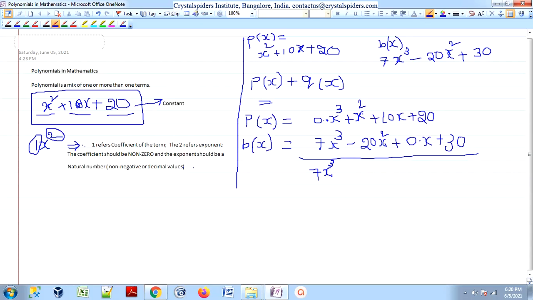And now the coefficient of x square is 1 minus 20, so that is minus 19. So we are going to say minus 19x square over here.